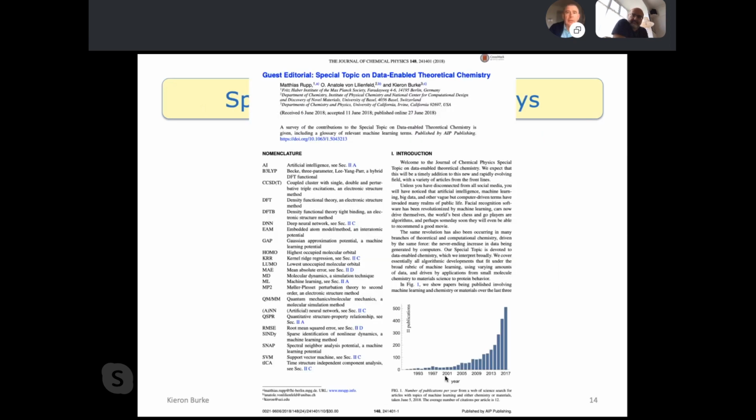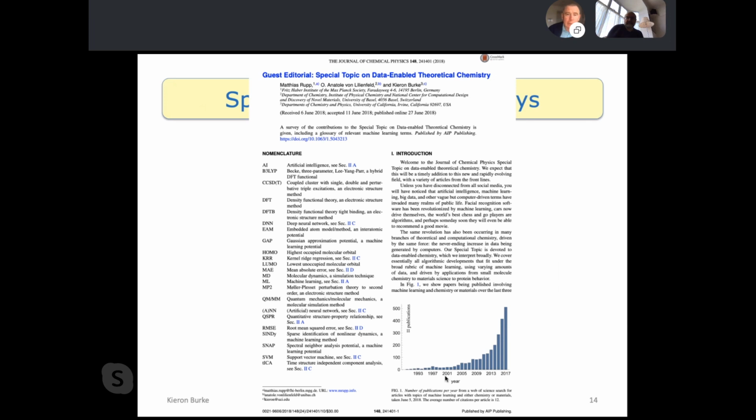Okay, so a couple of years ago, I was involved with Matthias Rupp, who was a very good postdoc of Klaus-Robert Mueller's when we started, and now works for a company in California, I think, but is still very active in research. And Anatole von Lilienfeld, we put together a special topic in the Journal of Chemical Physics.